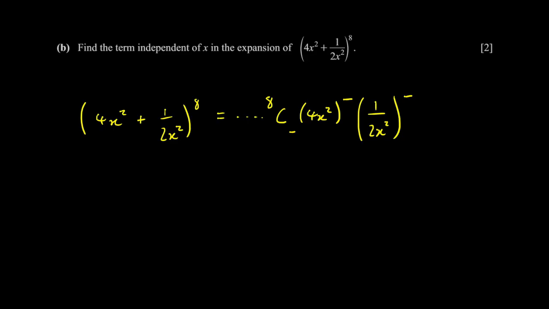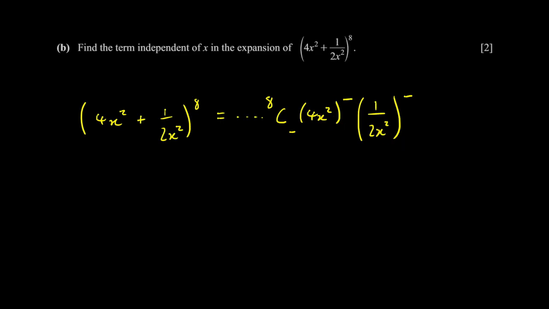Okay, now basically we've got to choose the powers that go here and here in such a way that the x's are going to cancel off. Now, these two powers must add up to be 8. So I've got to choose like either 0 and 8, or 1 and 7, or 2 and 6, or 3 and 5, or 4 and 4, or any of the others, so that these x's cancel off.